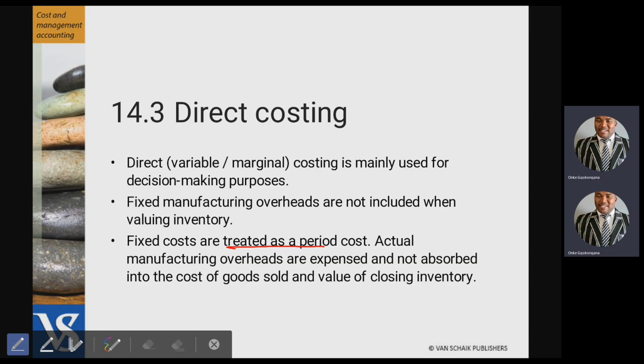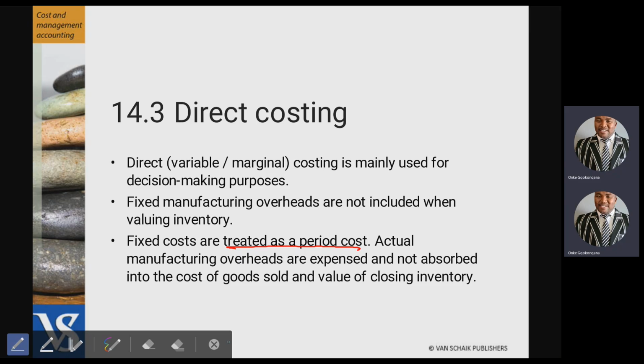We said that under absorption costing, they form part of the product cost, but in direct costing we treat them as period cost. In other words, the fixed manufacturing overheads are expensed and not absorbed into the cost of goods sold, nor into the valuation of the closing inventory.